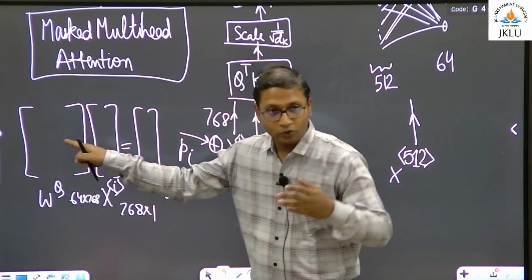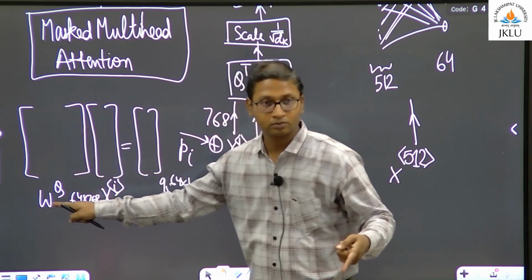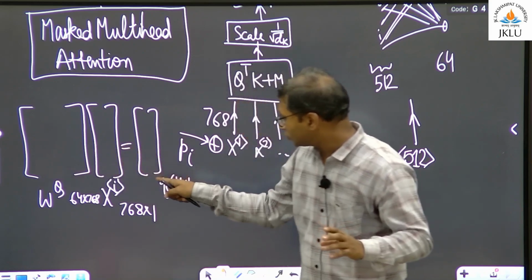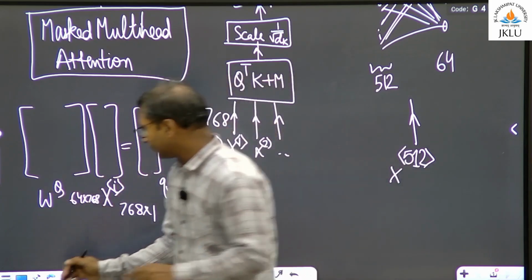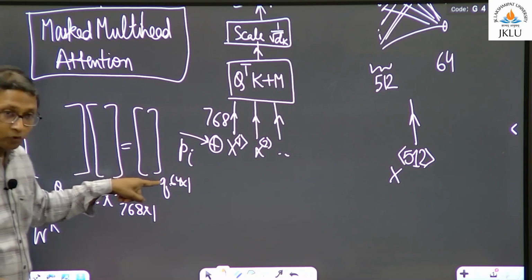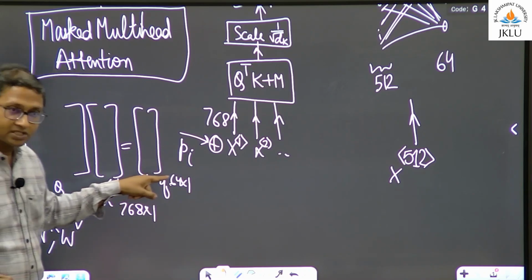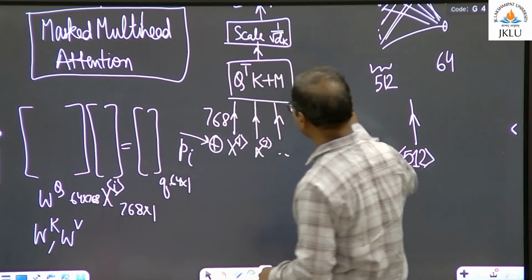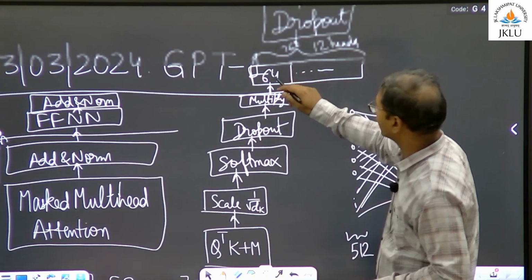If you have 12 heads, you have 12 such WQs. So one head gives you a 64 dimensional Q. You will multiply the same XI with WK, which gives me a 64 dimensional K, and similarly with WV, which gives me a 64 dimensional V. Now this whole thing is propagating until here.